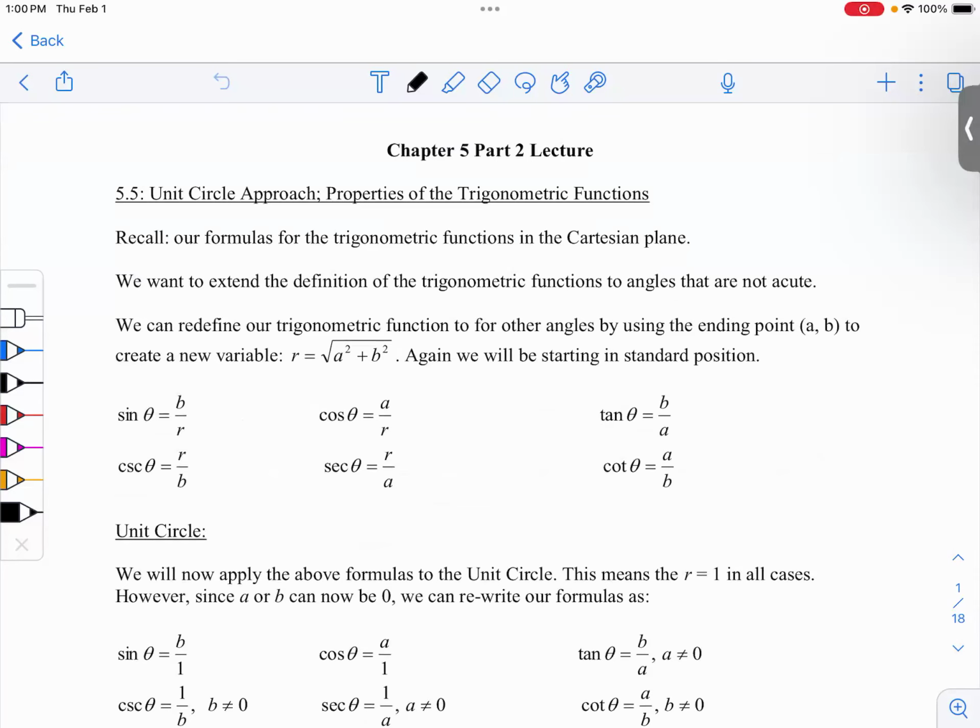So now we're actually getting into the unit circle, which we've already talked a little bit about. And this adjusts to using the Pythagorean theorem, a squared plus b squared equals c squared, with our point AB, aka x comma y.